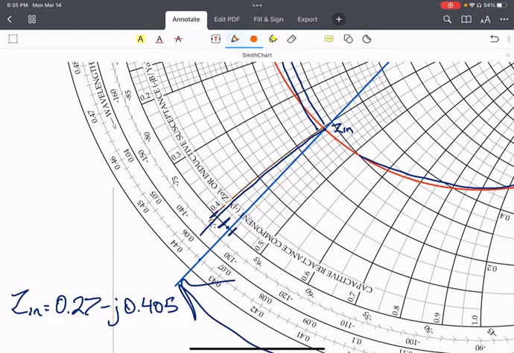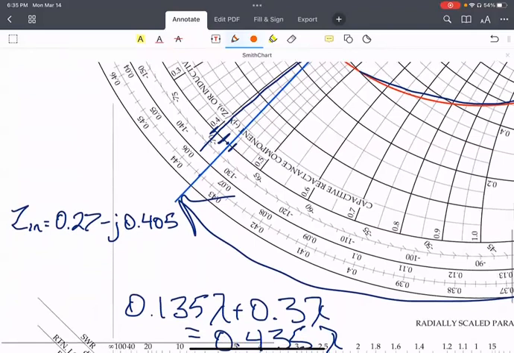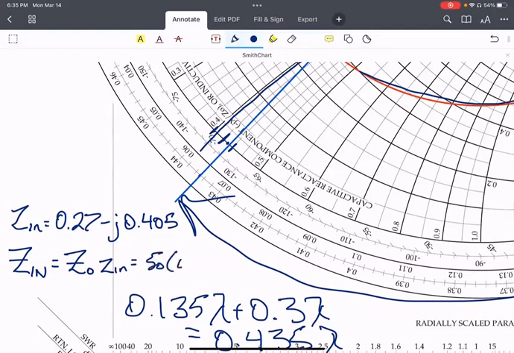Okay. So are we done? We have to unnormalize it. It didn't ask for a normalized value. So we have to multiply it by 50.